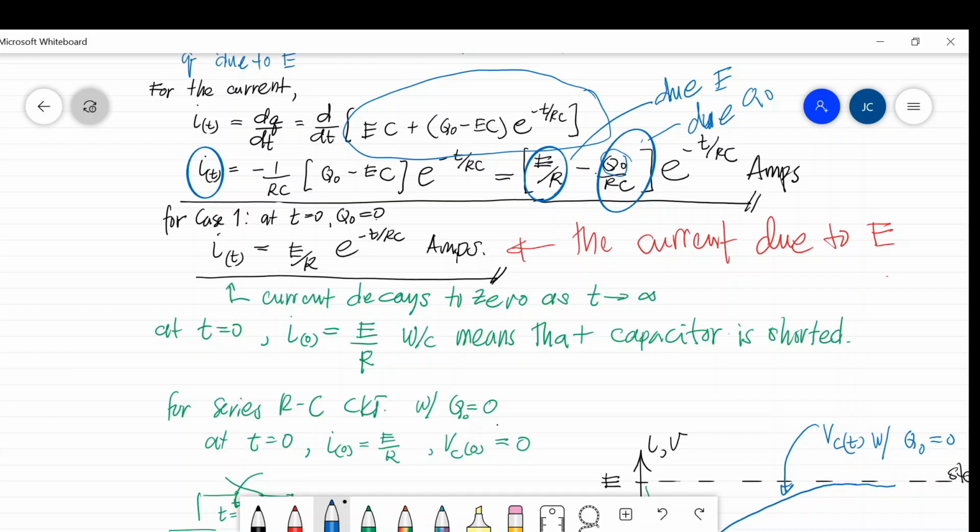In case 1, if the charge stored in the capacitor is 0, then all the current will be coming from the supply E. And this is equal to E over R at time 0.